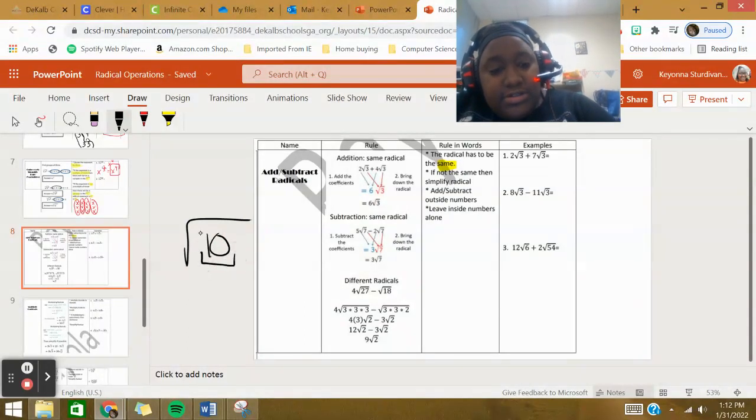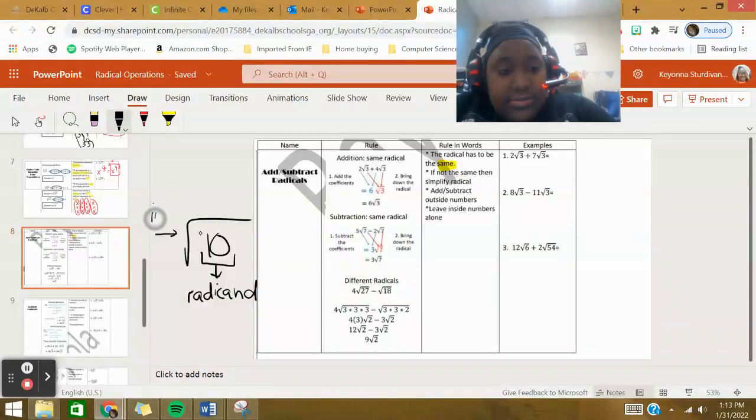We have different parts. The number 10 is considered a radicand. So in order for me to add or subtract any radical, the radicands have to be the same. The number here, the little subscript, that is considered my index. And hopefully everybody agrees that the check mark is the radical symbol.